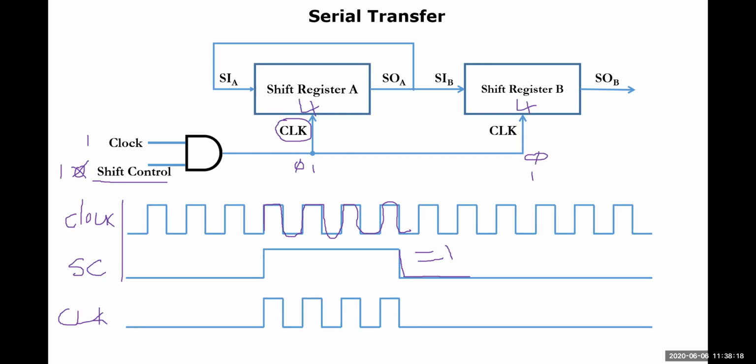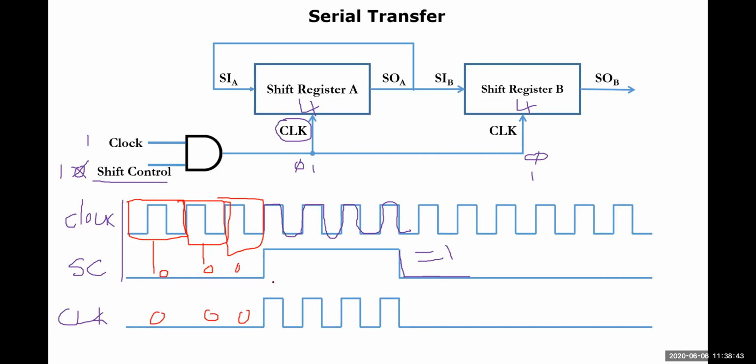Let me take some other color, then it is easy to understand. From here to here, no data is there, so CLK will be 0. From here to here, there is no data, here it is 0, here it is 0, so that is also 0. From here to here, shift control is 0, so CLK is also 0.